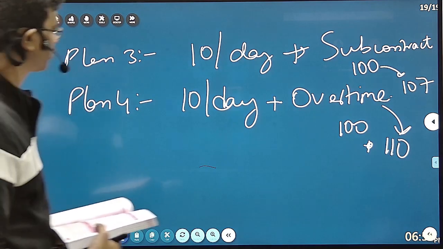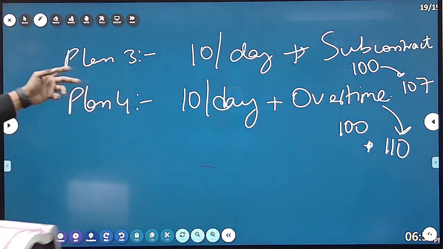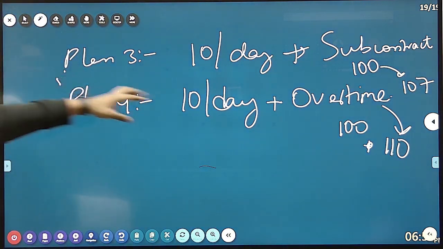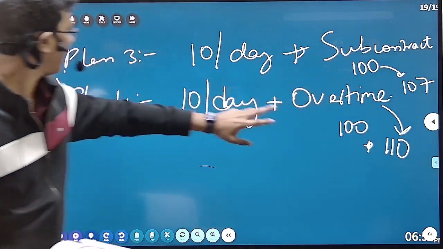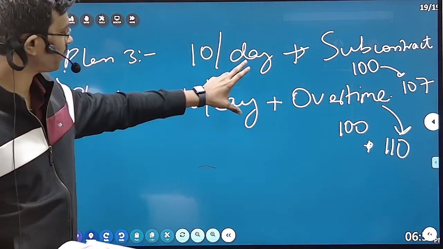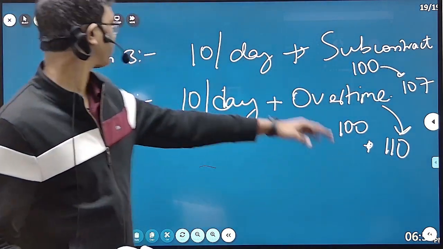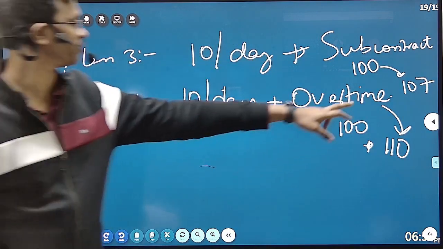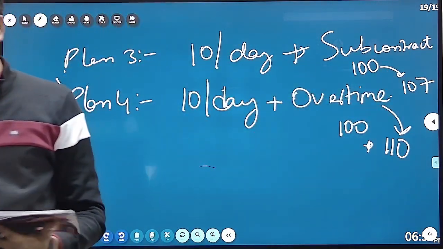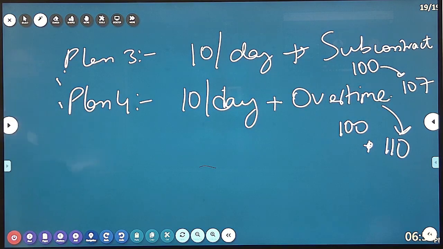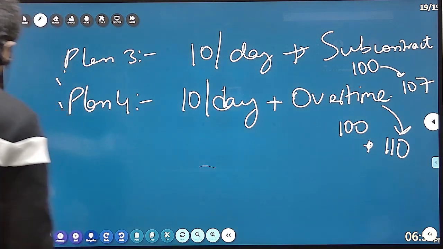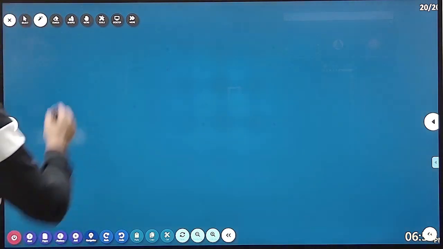Okay, so we can see that in plan 3 and plan 4 the costs are the same except for this, right? And the production will also be the same, except for this. So plan 3 is definitely going to be cheaper by 3 rupees per unit. Okay, so now let's calculate as per plan 3.